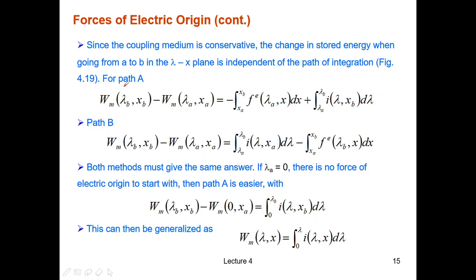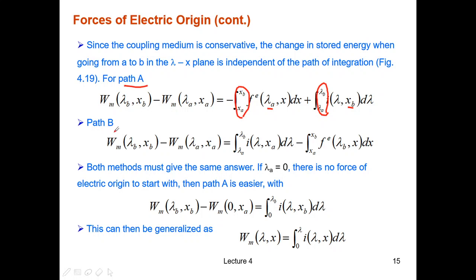So path 1, we will go along the x-axis first, from xa to xb. And when we finish at xb, then we will go from lambda a to lambda b, where x is not moving at all. On the first component we have a constant lambda, so this is a special path.